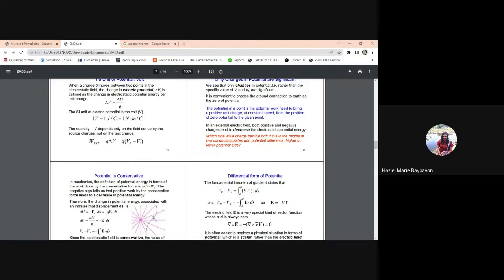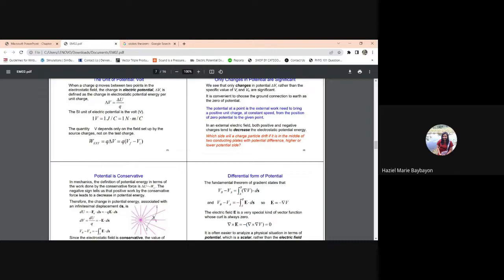Okay, so for example, she wants to be in a position that is 1 meter from Rugin. So in order for that to happen, dapat naay buhaton nga work. Okay, so work should be done para ma-maintain niya ang distance.